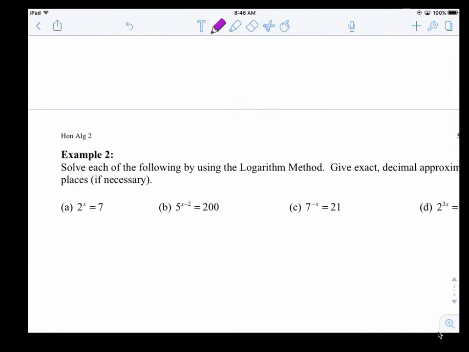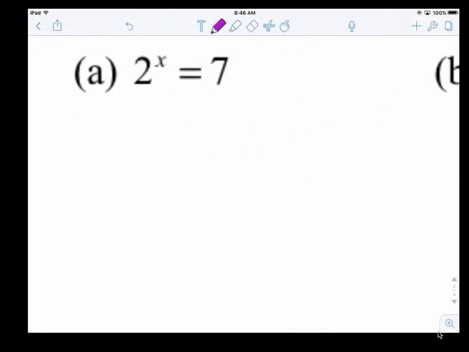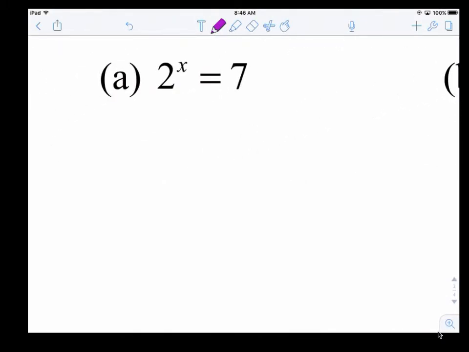All right, so solve each of the following using the logarithm method. Give exact 3 decimals if necessary. All right, so if I have 2 to the x is equal to 7, is there any way that 2 and 7 have the same bases? No, right? So what's going to help me cancel out? Right.